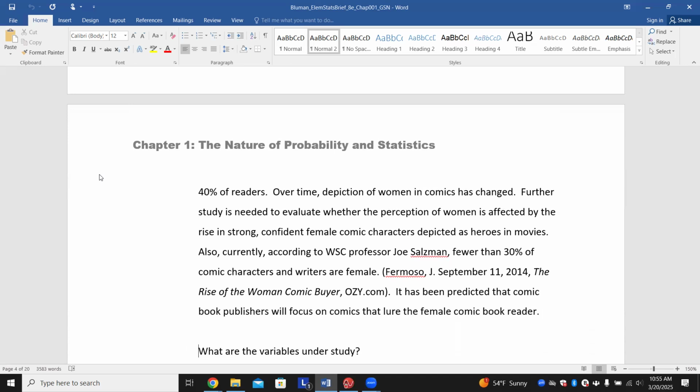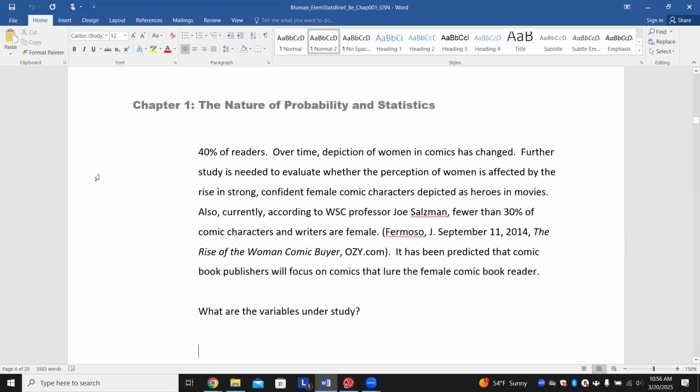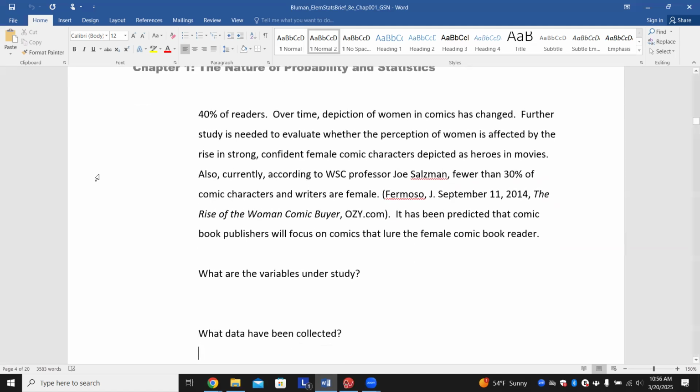Also, currently, according to WSC professor Joe Salzman, fewer than 30% of comic characters and writers are female. And this again is from Firmaso J on September 11th of 2014, The Rise of Women Comic Buyer on OZ.com. It has been predicted that comic book publishers will focus on comics that lure the female comic book reader.